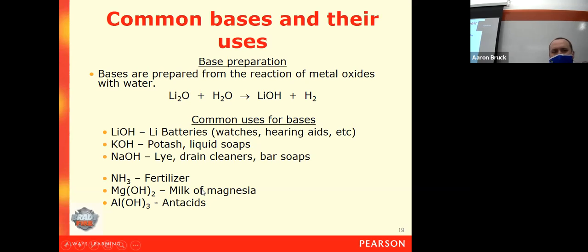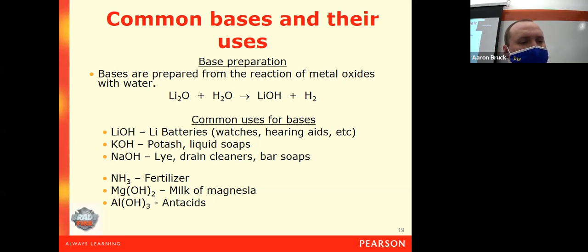We generally make bases by taking oxides that are metallic and reacting them with water. If you remember back to Monday when we started all of this off, we talked about the idea that acids came from non-metallic oxides and bases are going to come from metallic oxides. So metals play a prominent role in these.